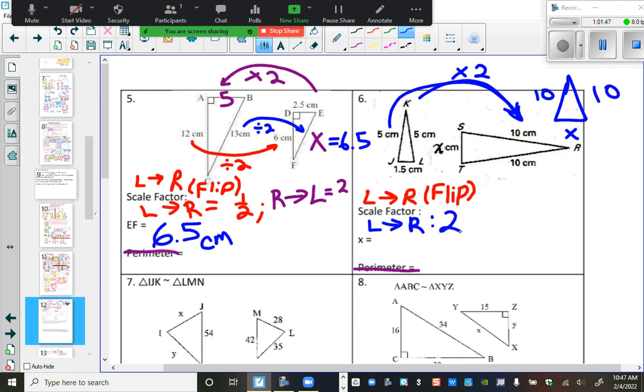Now, if we went on the flip side, we're going to divide by 2.